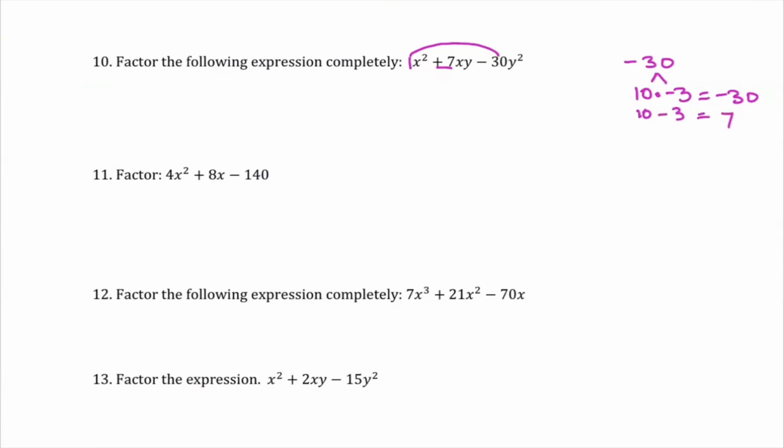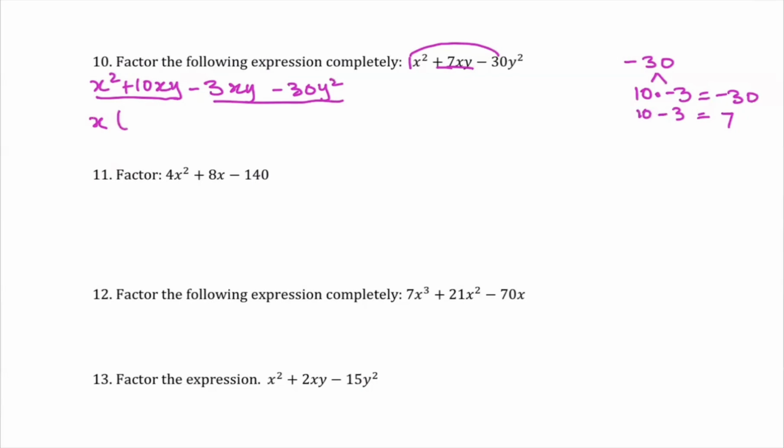So now we can rewrite this expression as x squared plus 10xy, because the middle term is xy, is 7xy. So we break it down as 10xy minus 3xy, and then minus 30y squared. Now, four terms, we're going to factor by grouping. That's my first group, and that's my second group. Factor the GCF of the first group, that's x.